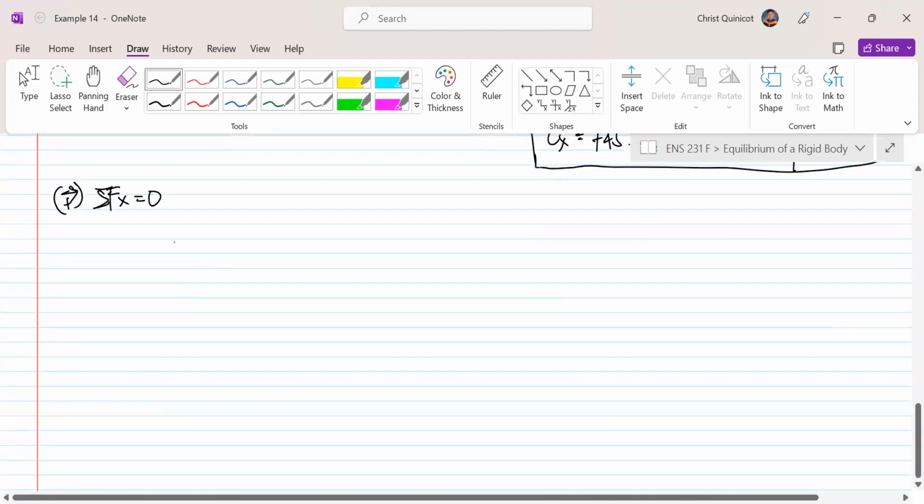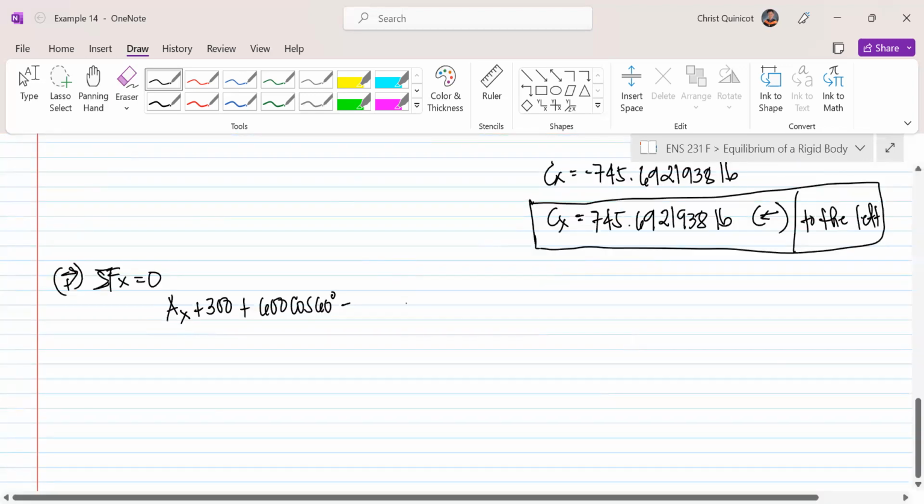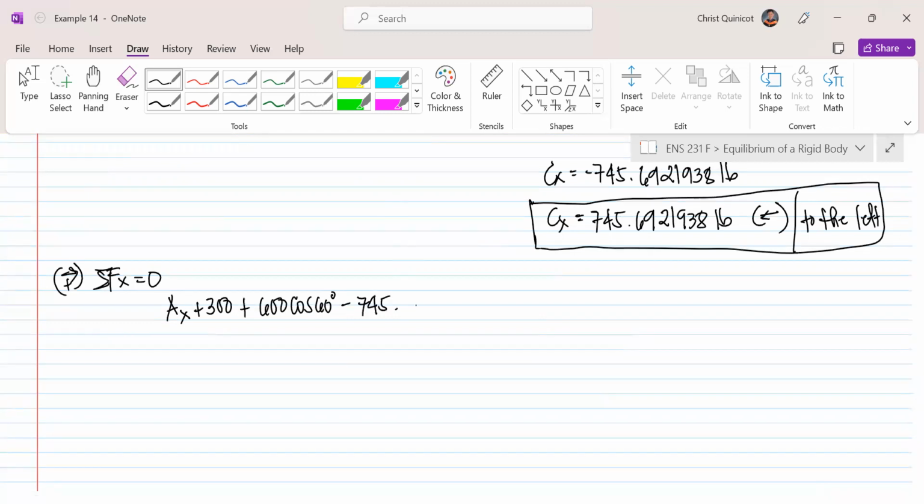So this is A sub x plus 300 plus 600 cosine 60 degrees minus 745.692138 is equal to 0.